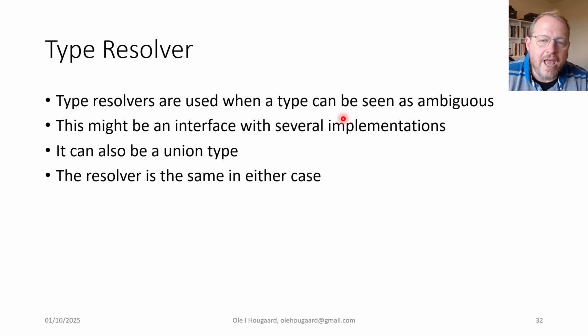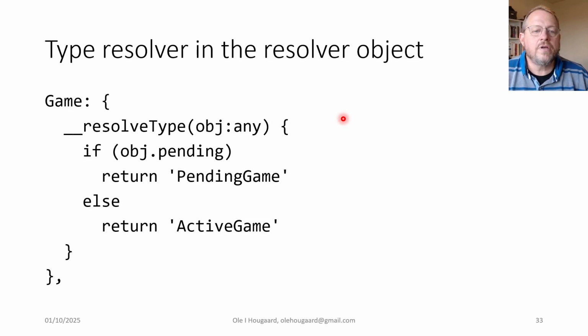If my game is a union of active game and pending game, and I'm looking at a game, how do I get to a union? You have to make these. So you have to make a type resolver, and a type resolver looks the same whether you are using interface implements or you're just using a union. It looks like this. So game. This is, again, the ambiguous type, the type that could be either two other types.